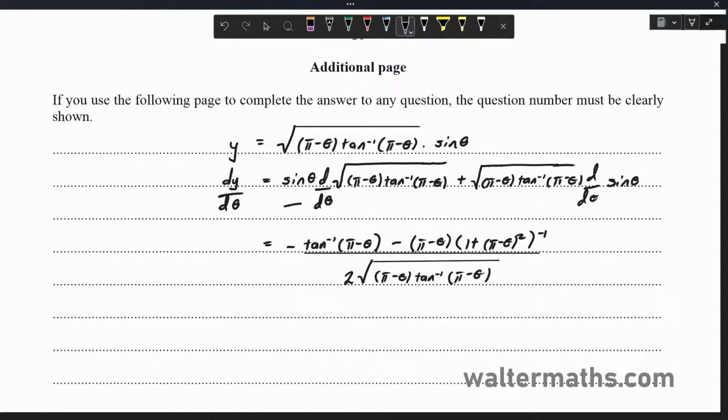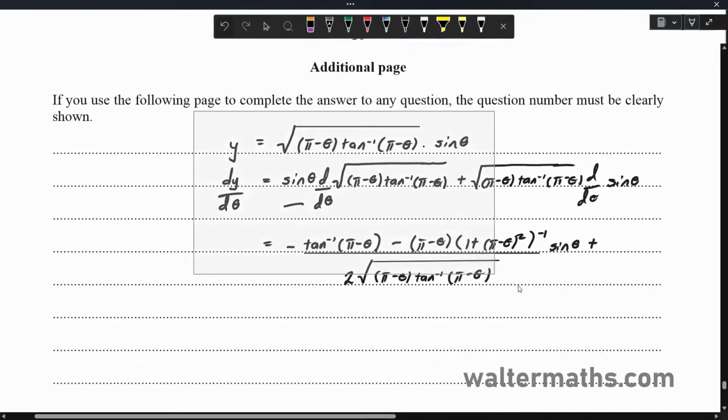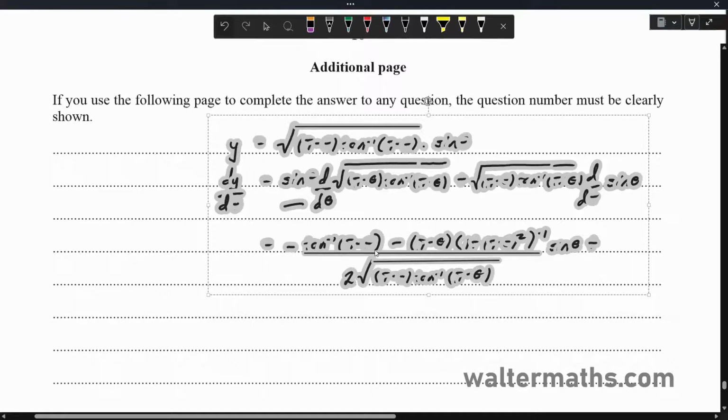And that's times sine theta, and it's plus. We need to create a bit of space here, so let me move this to the left.